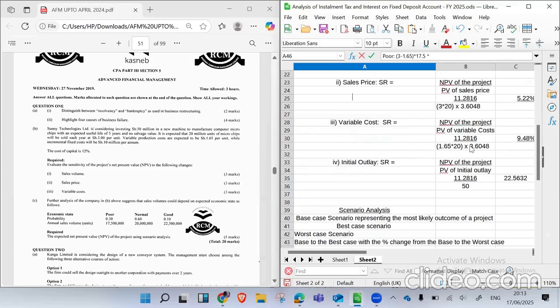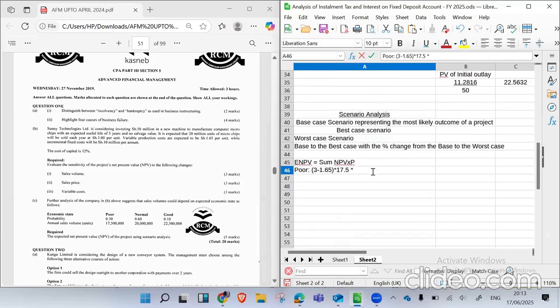Annuity factor was 3.6048. Then we subtract the initial outlay. Initial outlay was 50. That will give us the NPV, right? Yes.